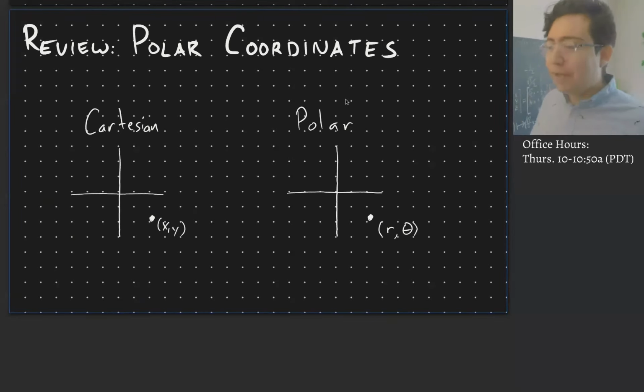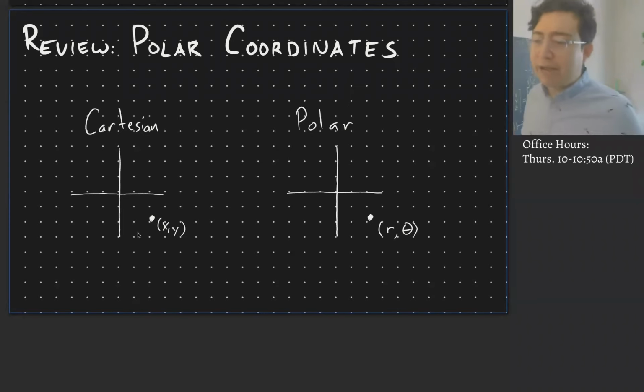In two-dimensional space, we call it two-dimensional because you need two numbers to tell where any one point is. For example, this point here, x comma y. You need two numbers, but those numbers represent something specific.